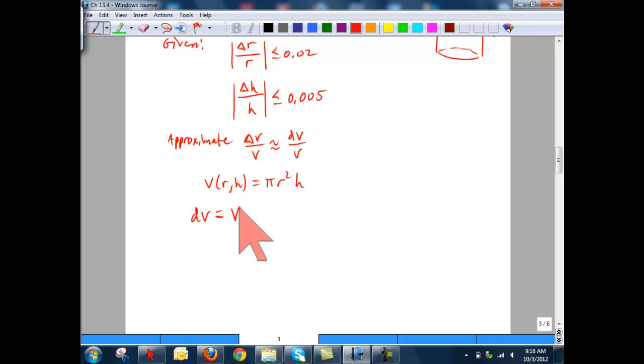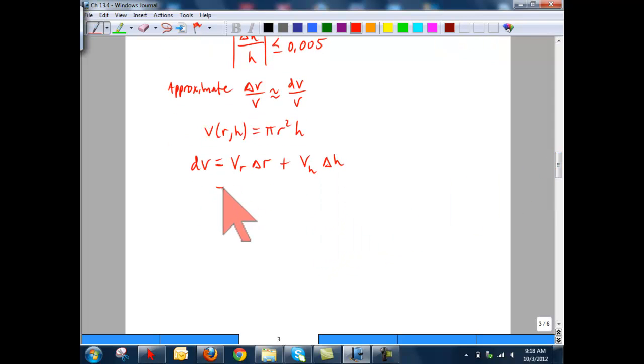Okay, from our discussion above, it should be partial of V with respect to r times delta r plus partial of V with respect to h times delta h. And if I take my partial derivatives, differentiating with respect to r, this is 2 pi r h.